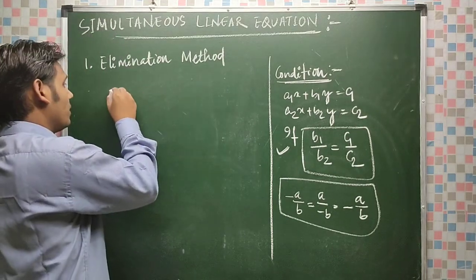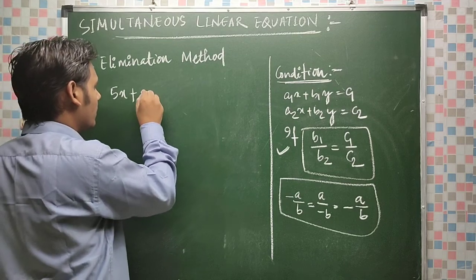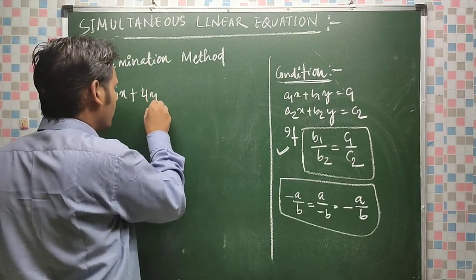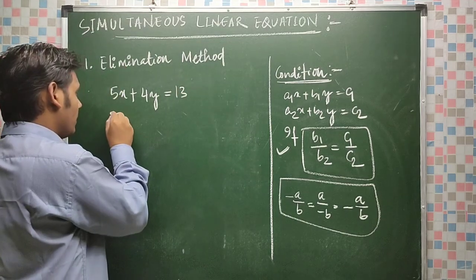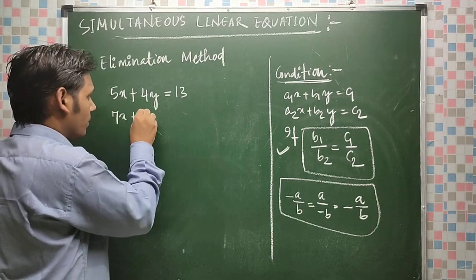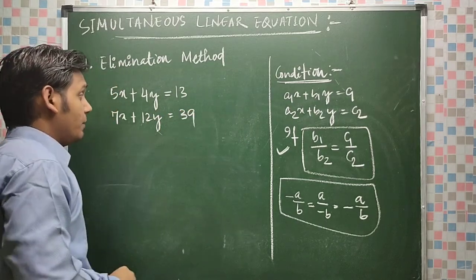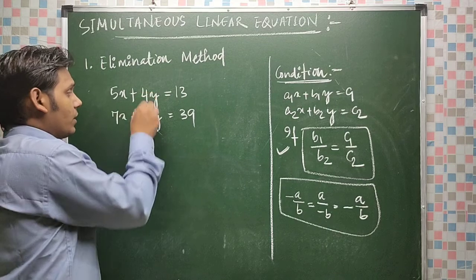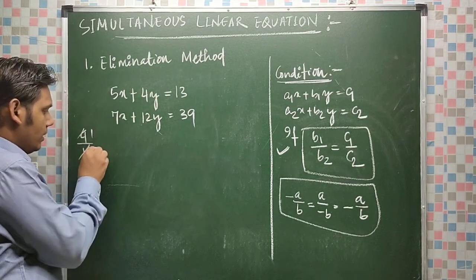Here suppose given 5x plus 4y equals 13, and 7x plus 12y equals 39. So same thing. Here you can compare 4 by 12, which is 1 by 3.